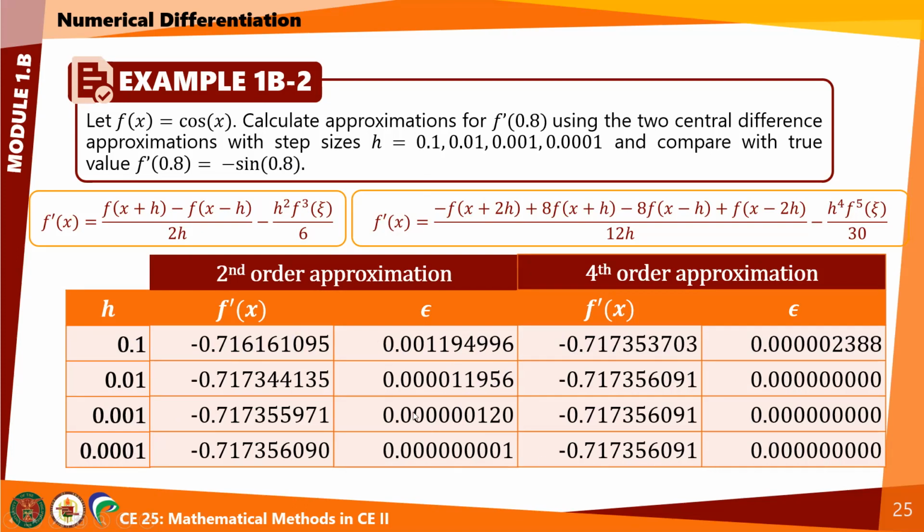What else happens? As long as you increase the order of approximation, the truncation error decreases. So, ayan, mas accurate ito, yung fourth order approximation, kaysa sa second order approximation.